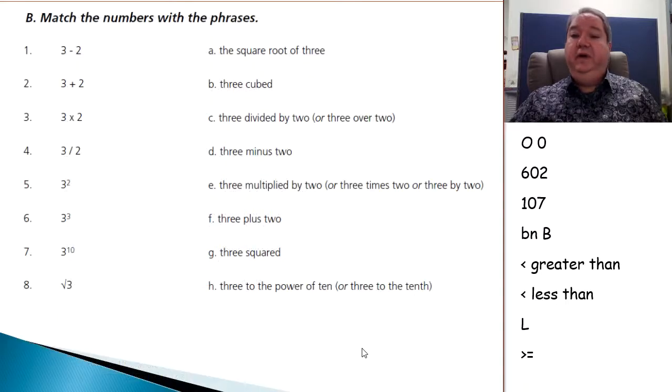Now moving on to part B, match the numbers with the phrases. And again, I'm going to start on the right side here because if I read them, then that is obviously the answer. So I'm going to start with the answer and then find the mathematical expression that matches it. So the square root of 3 is this one.